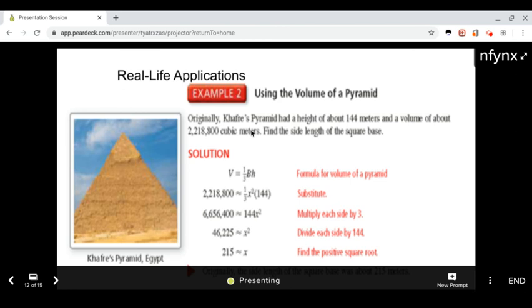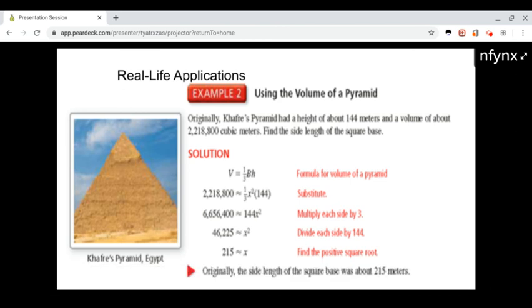So now we're going to go on to a few real life applications or problems. It's just a really nice thing to do, so that you're allowing your students to make those connections and to see how the formula that they're using in class pertains to real life applications.